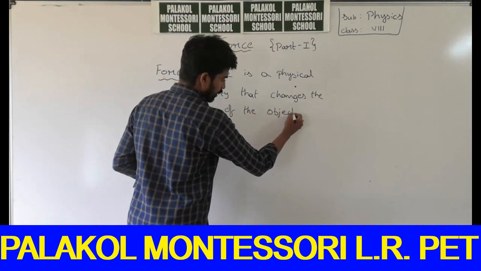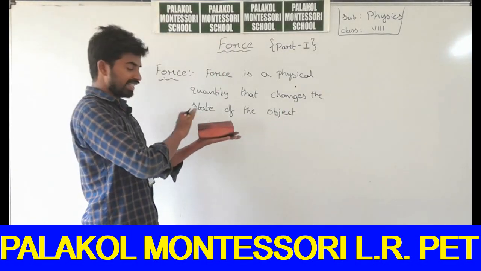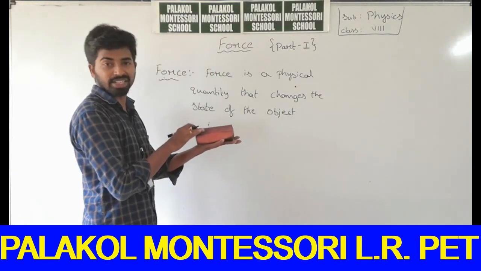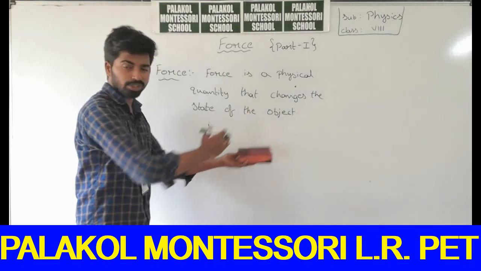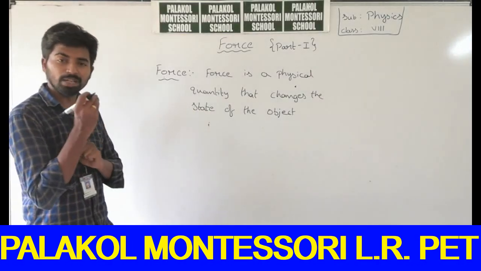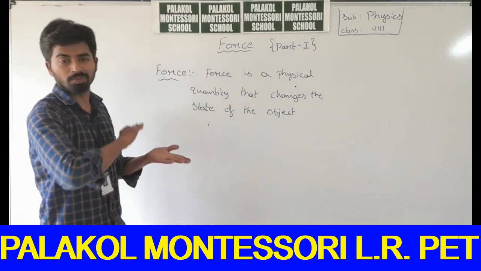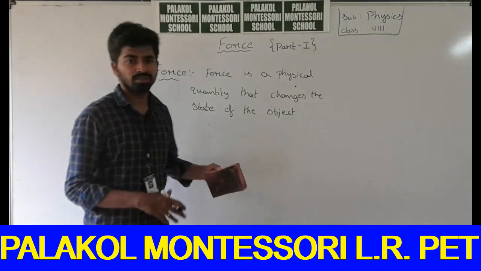Here, if you observe the object, it is in the state of rest. If you apply the force, what is happening? It is in motion. The state of the object also includes shape.